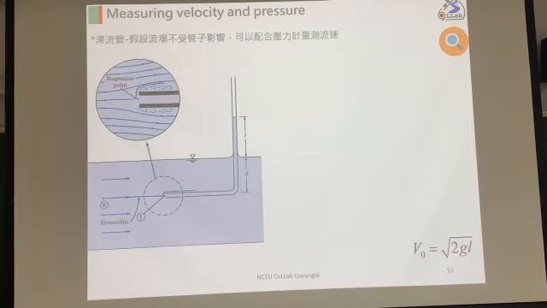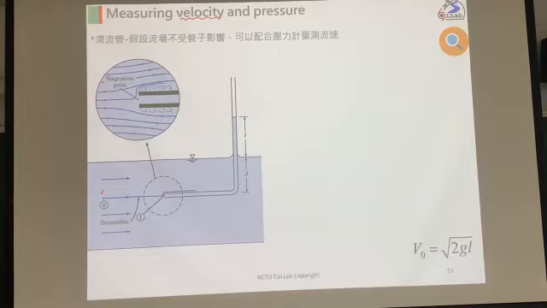Just based on the Bernoulli equation, we have point 0 here and point 1 here, and we call that a stagnation tube. So we put the tube inside, and we are trying to answer the velocity at this point. Okay, so follow the Bernoulli equation.